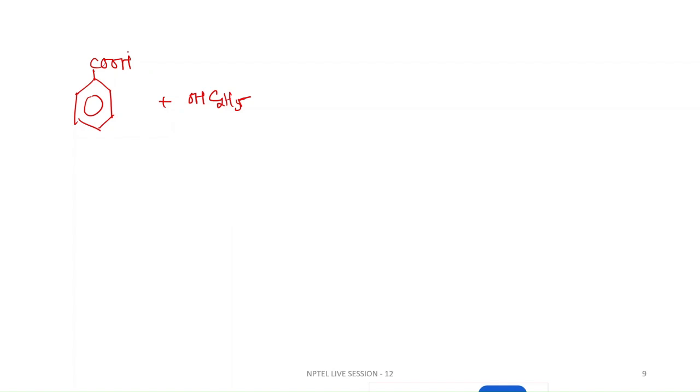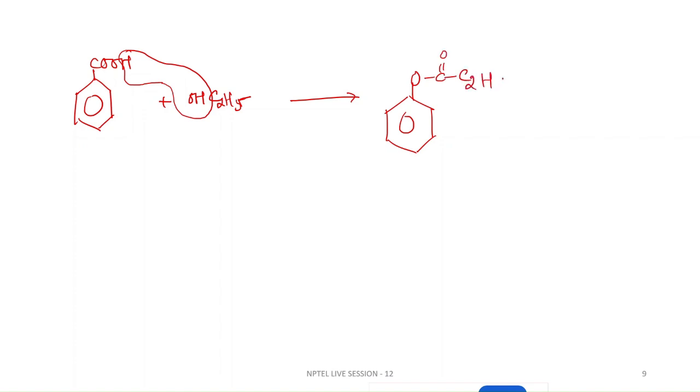So in the reaction, this will be eliminated as a water molecule, and the product you will get is ethyl benzoate, like OC double bond O C2H5.